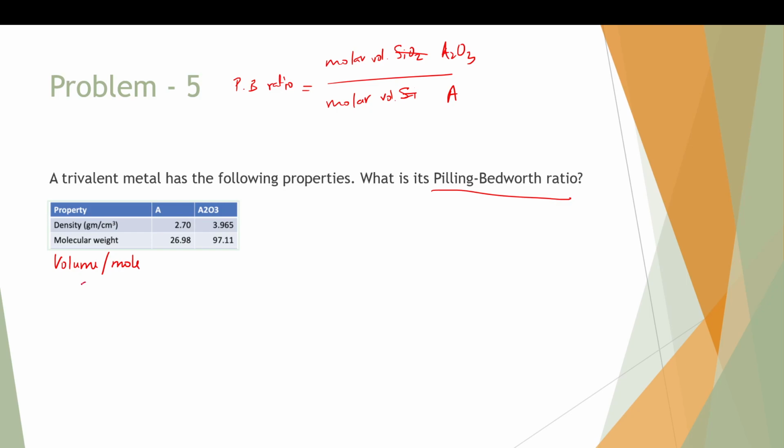So what will be the volume per mole for both these species? Volume per mole will be in centimeter cube, and it will simply be 26.98 divided by 2.7, and that will come out to be something around 9.99. And in this case for A2O3, it will be 97.11 divided by 3.965, and that will come out to be something around 24.49.